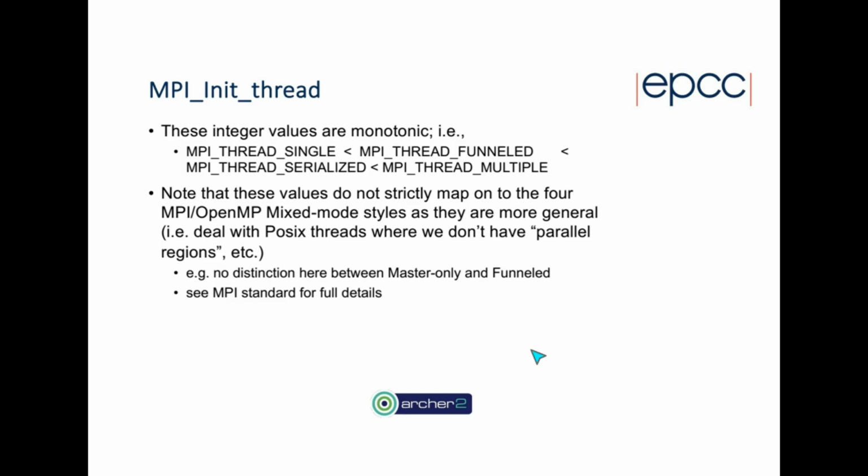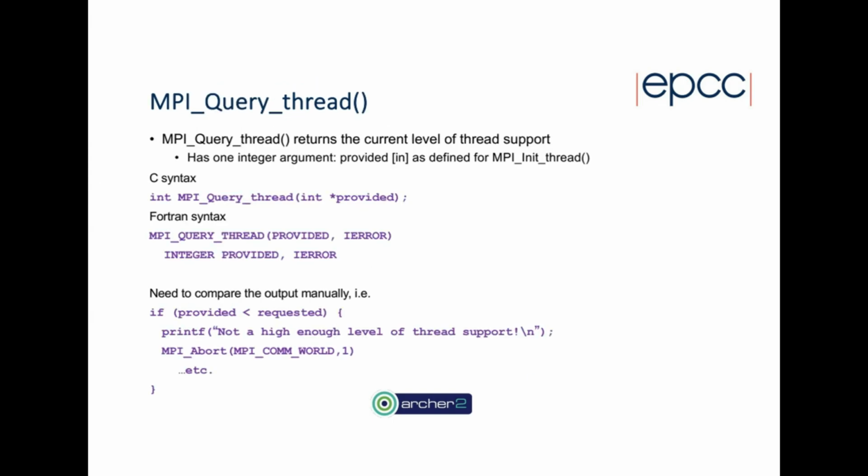These are implemented as integer values and they're monotonic, so they're guaranteed to be ordered and you can compare them. They don't strictly map onto the 4 mixed mode styles, because they're intended to support things other than OpenMP, where you don't have concepts of parallel regions and teams of threads and so on.